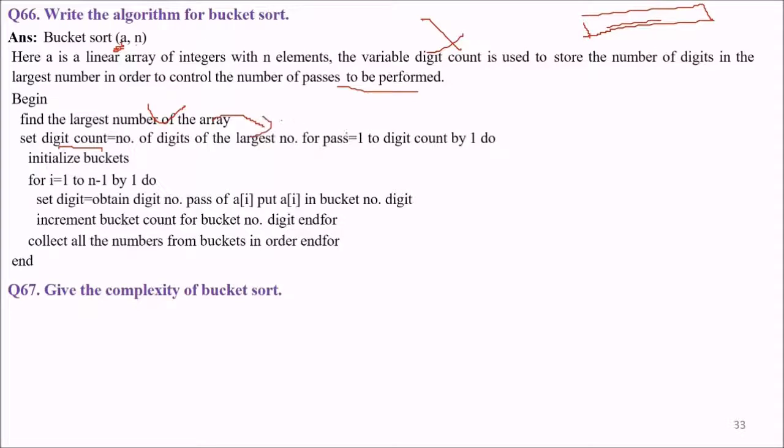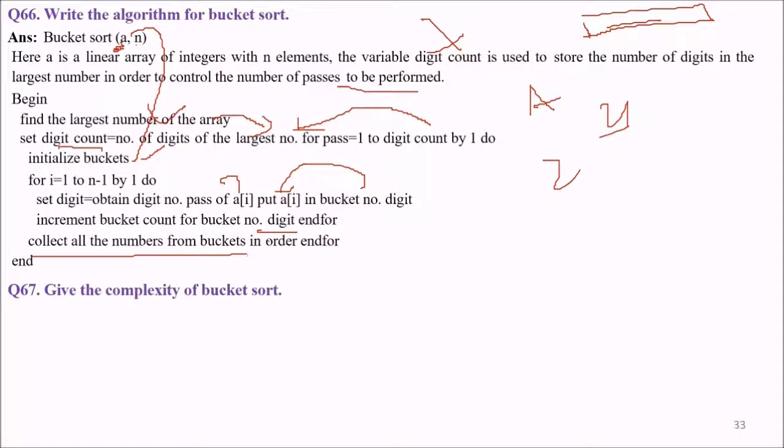And for pass 1 to digit count, which we have already computed, we initialize the buckets from A to Z, that is 26, and for i equal to 1 to n minus 1, we obtain the digit number for the pass of A[i] and put A[i] into that bucket number, and we increment the bucket count for the bucket number digit. Then we collect all the numbers from the buckets in order. This is the bucket sort.